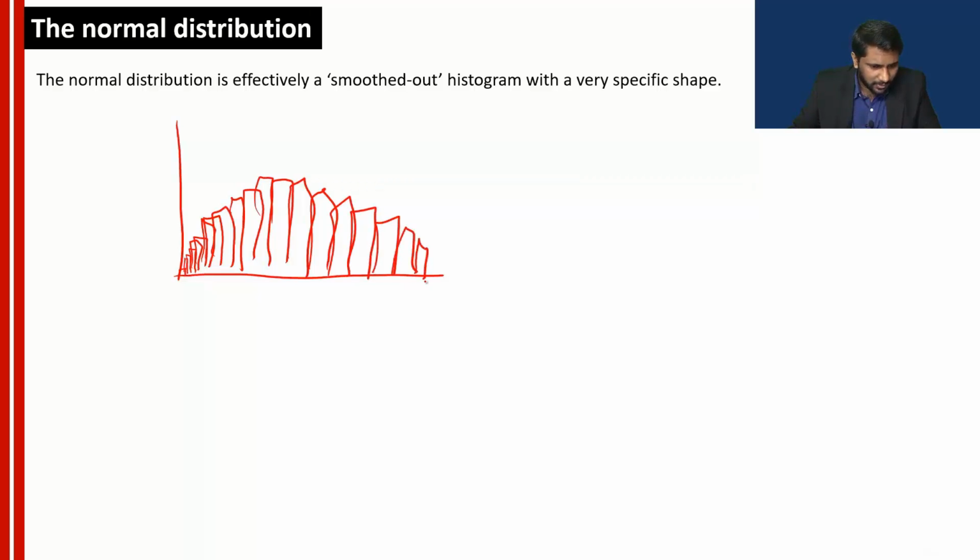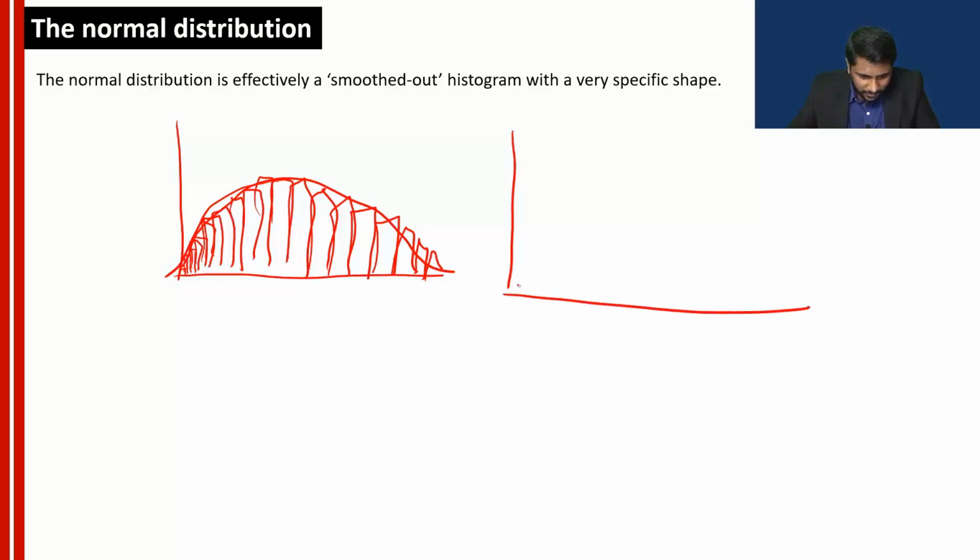If you smoothen it out, your histogram will look like a bell curve, something like this. Using this bell curve, we are now going to find the probabilities.